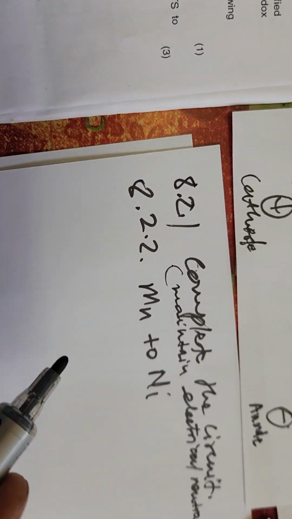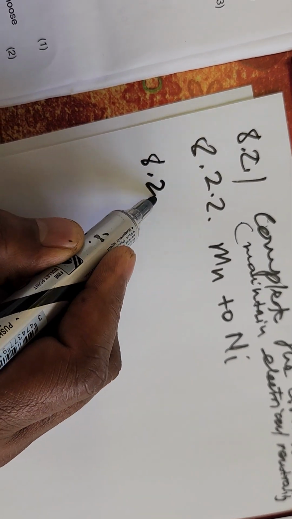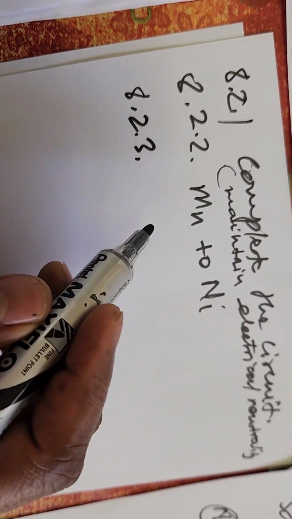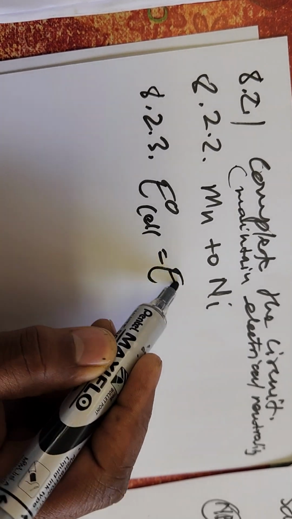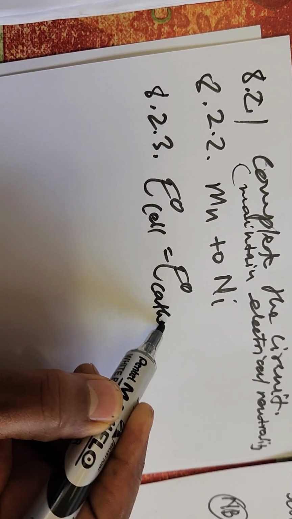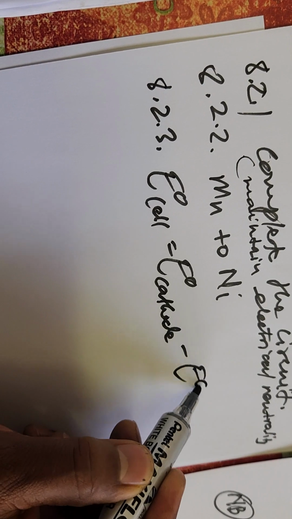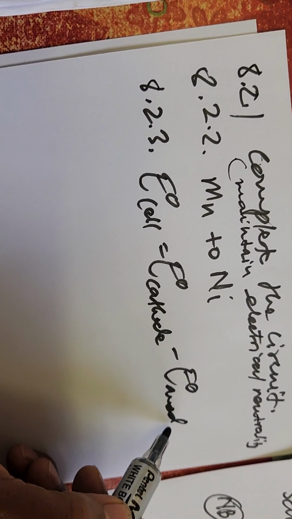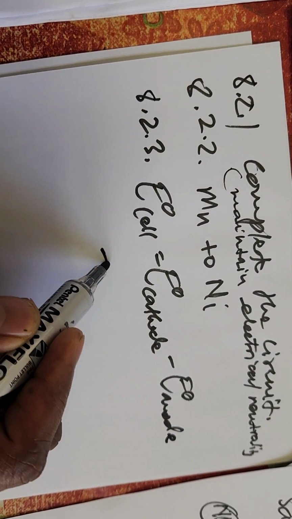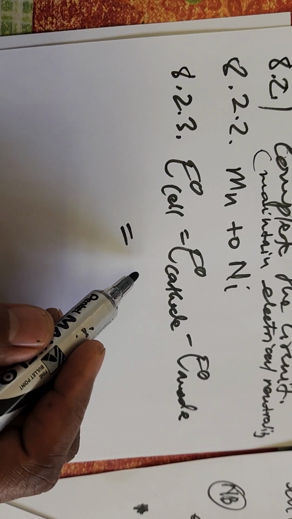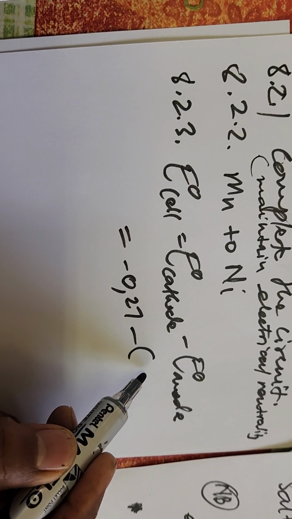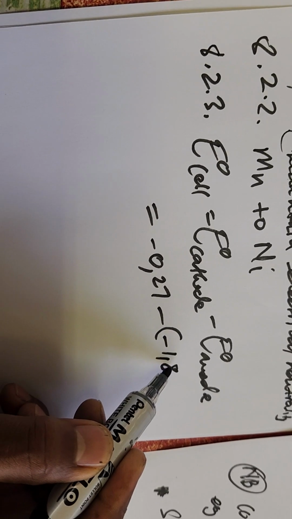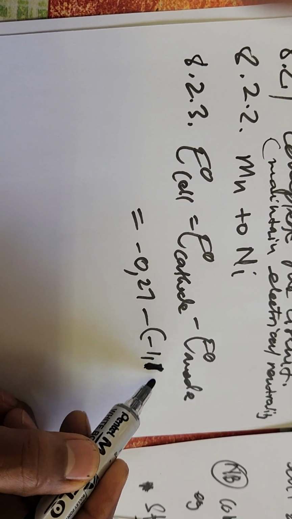8.2.3, calculate the EMF of the cell, for 4 marks. The formula says the electrode potential of the cell equals the electrode potential of the cathode minus the electrode potential of the anode. In this case, the cathode is nickel, which has negative 0.27. The anode is Mn, which is negative 1.18.